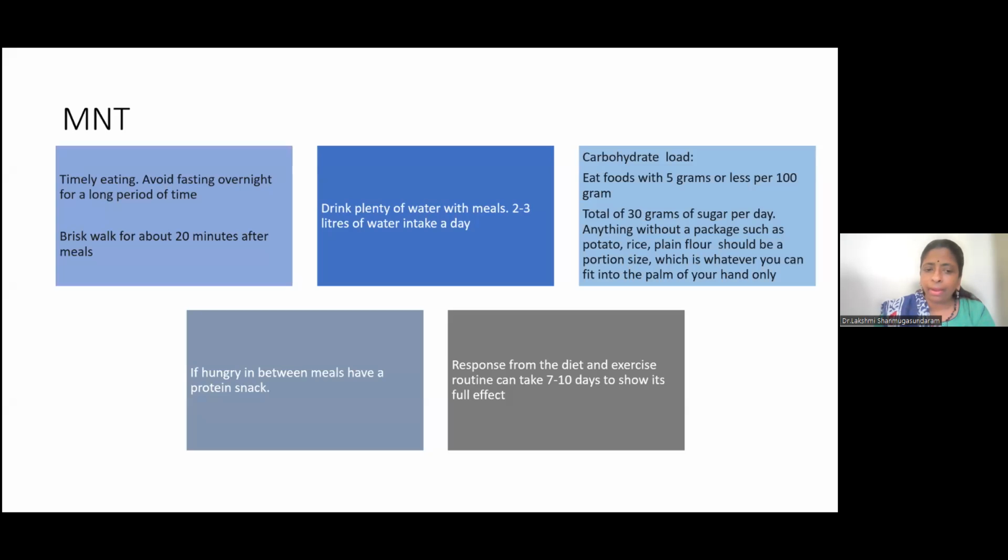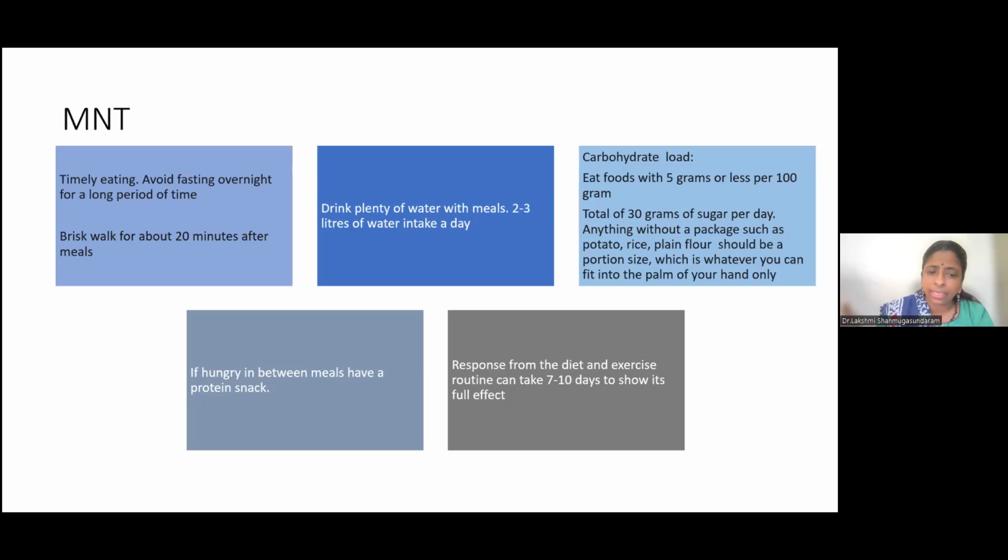And when we advise about the carbohydrate load, it's very difficult for women who are used to eating rice with sambar, rasam, and all vegetables to say eat a small amount of rice. So we have to be realistic in telling them exactly what to do. But 1 palm size of rice is what would be the ideal amount that they should be allowed.